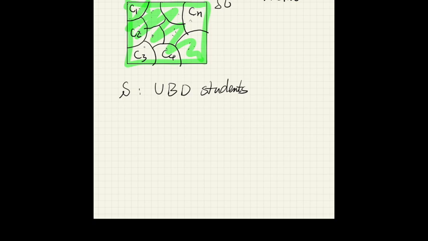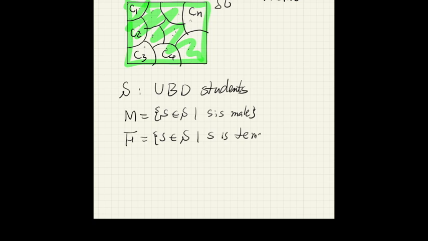And define two subsets of S. Pick a student: male students, and female students. Then the collection of these two subsets is a partition of S.